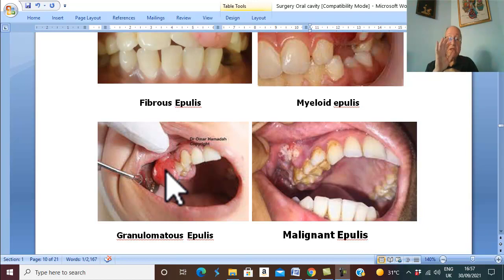Therefore, if you touch these capillaries, sure, bleeding will occur. Clinically, is it painless or painful? There is inflammation and inflammatory cells related to a carious tooth. Since it is an inflammatory reaction to this septic tooth, it is painful.